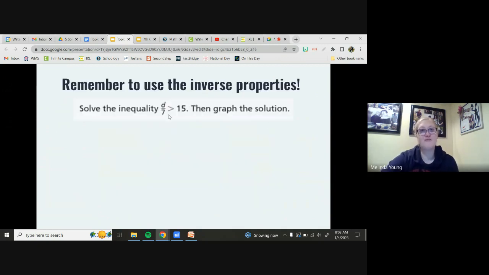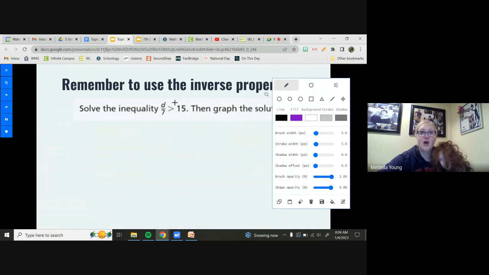The first example: solve the inequality d over 7 is greater than 15. You are going to solve this just like you would a one-step equation. I'm going to draw my line right down here.